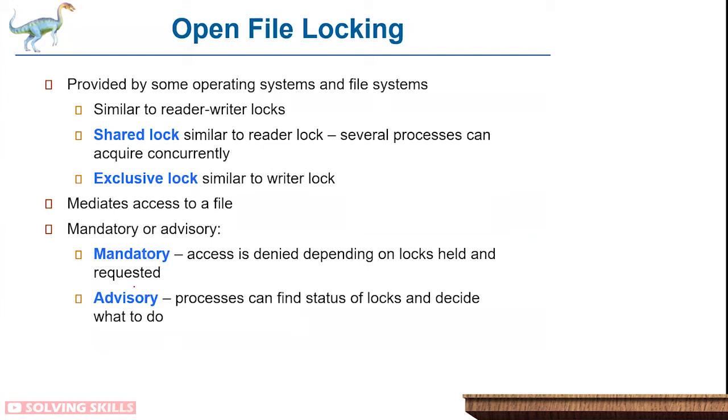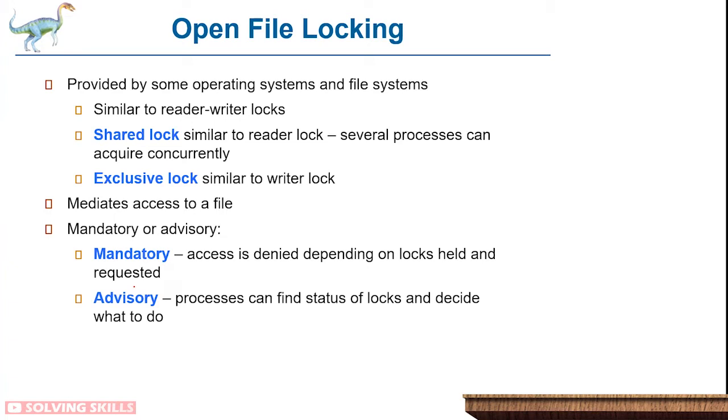The application would say that this file is already open in some other process, so I'm not able to open this file. That is the locking mechanism, just like we saw in the synchronization chapter, where you can have semaphores or mutexes that allow access to shared data.